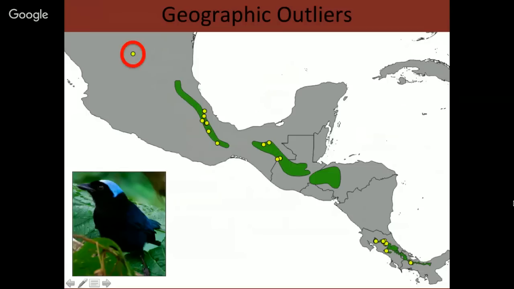And I just want you to notice this record, which is too far north and too far west. I'm actually guessing it may just be georeferenced to the centroid of Mexico. But regardless, that's definitely not a record of azure-hooded jay, Cyanolyca cucullata. And yet it's in there in the online data sets.